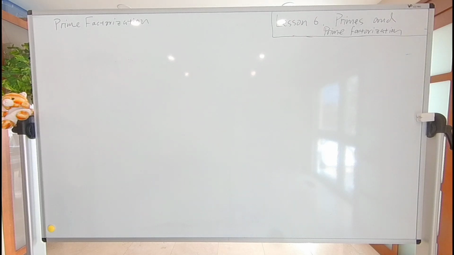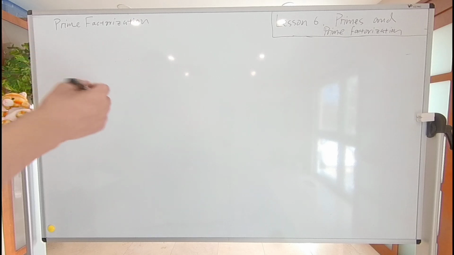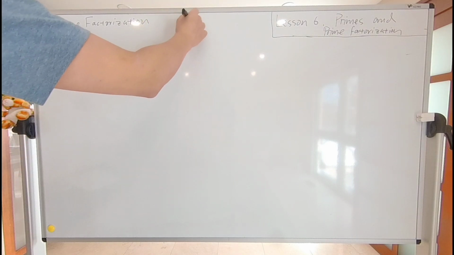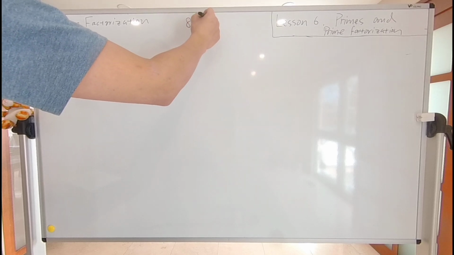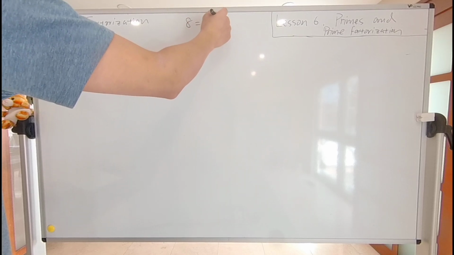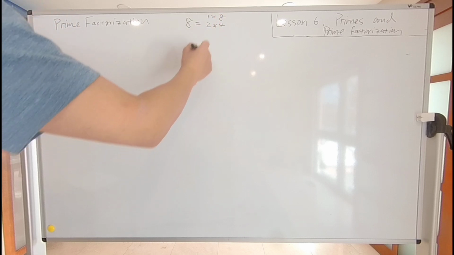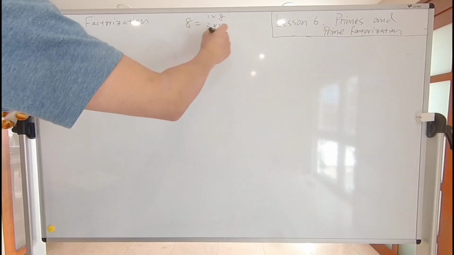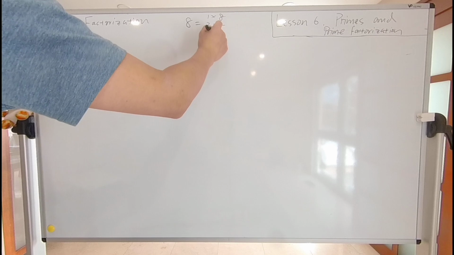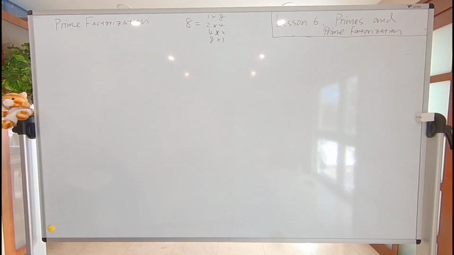So what is a prime factorization? We already know about factors. For any number, we are able to find its factors in different ways, and the factors could come in pairs, or not in pairs for perfect square numbers, but we are able to write the factors of a given number.